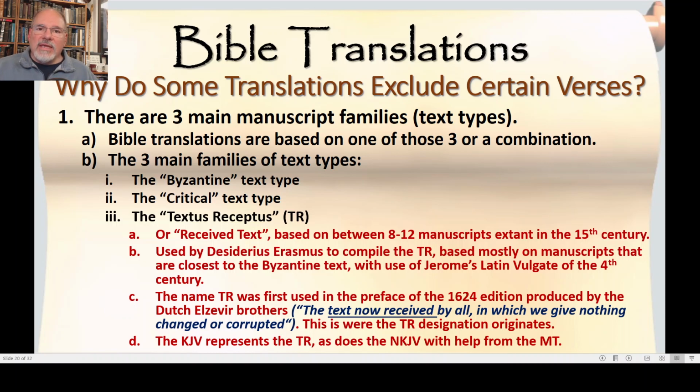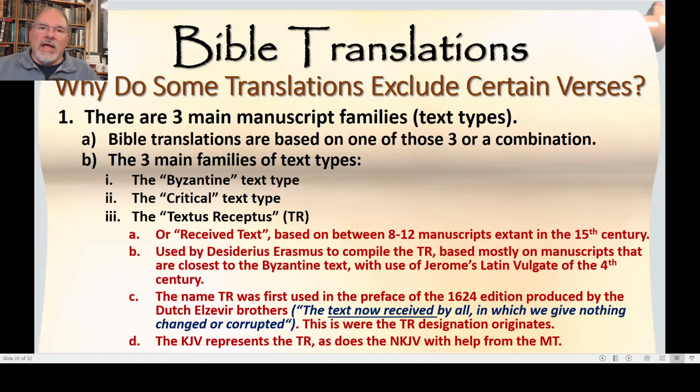However, with the addition of many more manuscripts that have been found and classified, they also use that. The general editor of the New King James, Arthur Farstad, who has gone to be with the Lord, was actually a majority text guy.